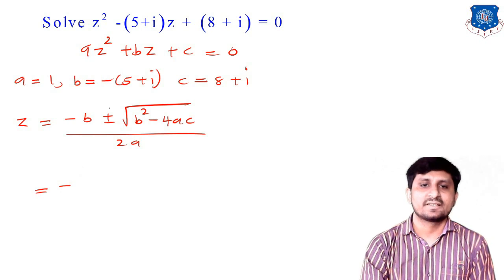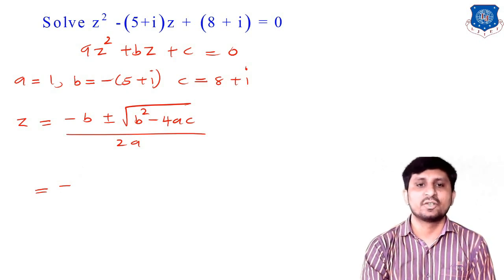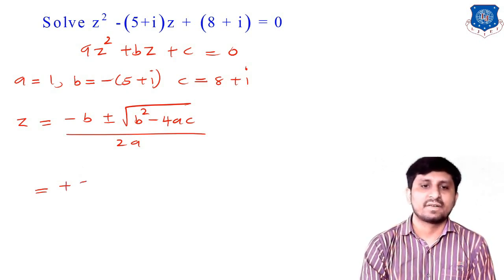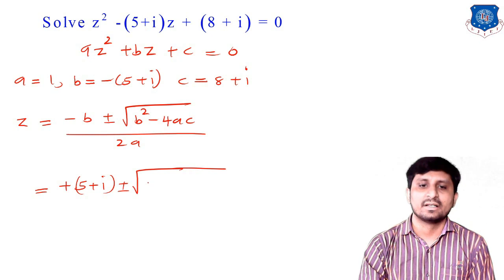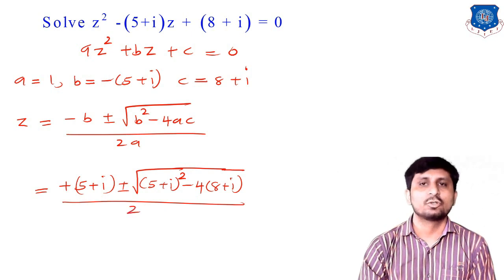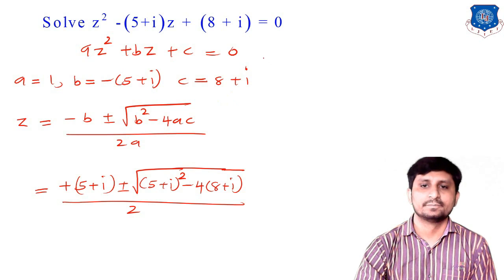Minus minus is plus, because the value of b is minus (5 plus i), so here we get 5 plus i, plus or minus square root of b square, that is (5 plus i) whole square, minus 4 times a times c, so 4 into 1 into (8 plus i), and divided by 2a, so 2. Now simplify this term. So I just write here.